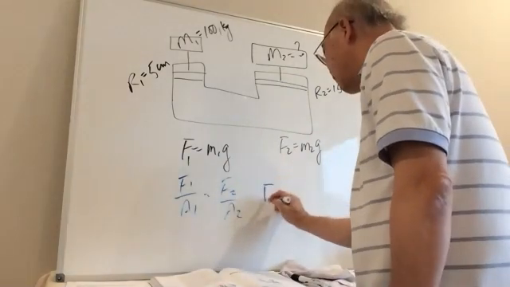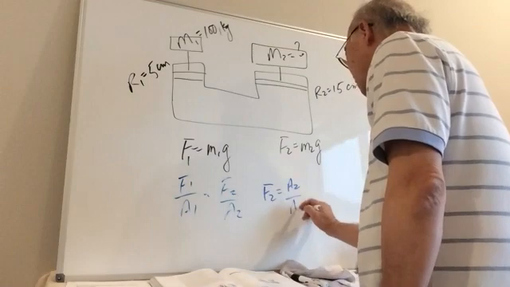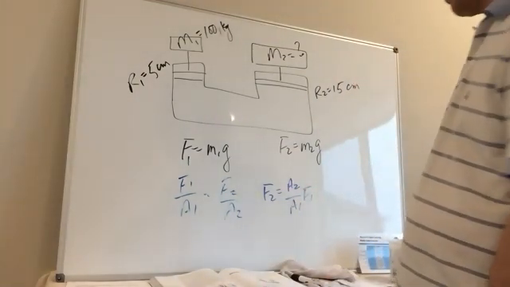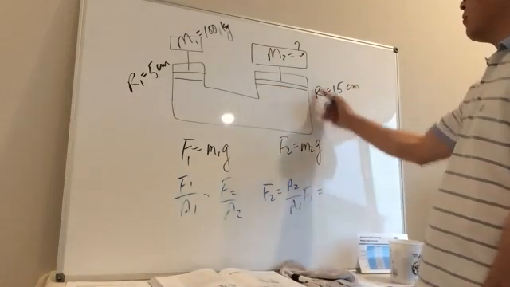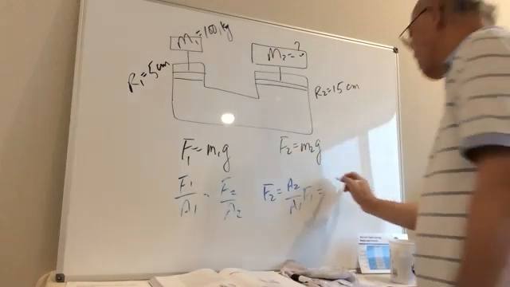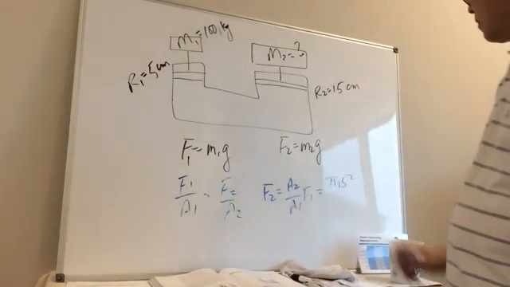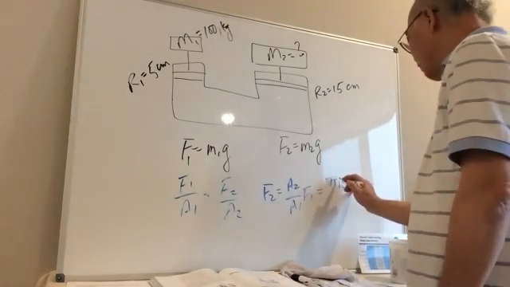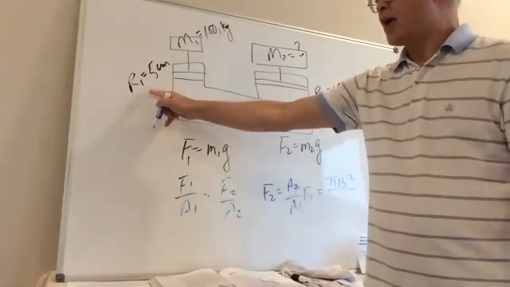So F2 is equal to A2 over A1 times F1, where A2 is the area of this one with this radius, so it's pi r squared, and A1 is also pi r squared.